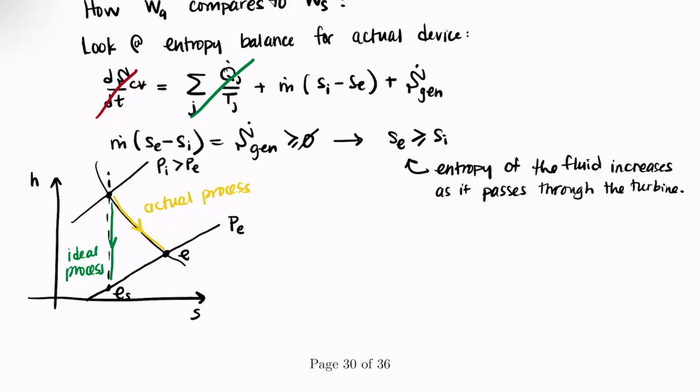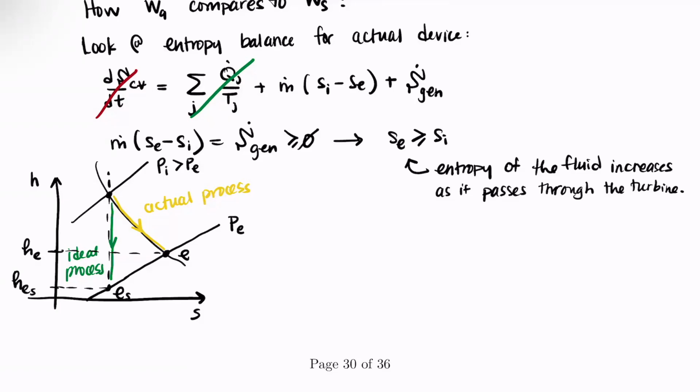Okay. So if we look at where the entropy values are, so this over here represents He. So this is our actual exit entropy. And then over here is Hes. So this is our isentropic entropy at the exit.